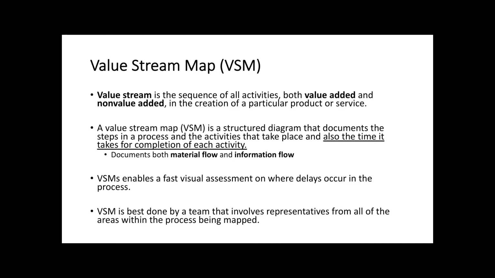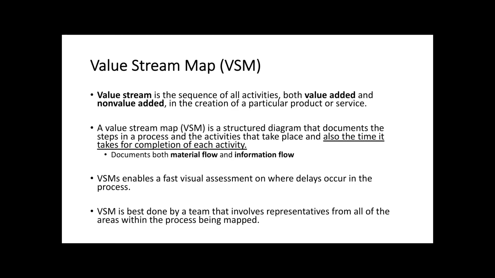So we talked about the process map and how it can help us document the steps that are happening in a process. The value stream map is pretty much similar to the process map. However, we specify which of those operations or activities are value added and which are non-value added.